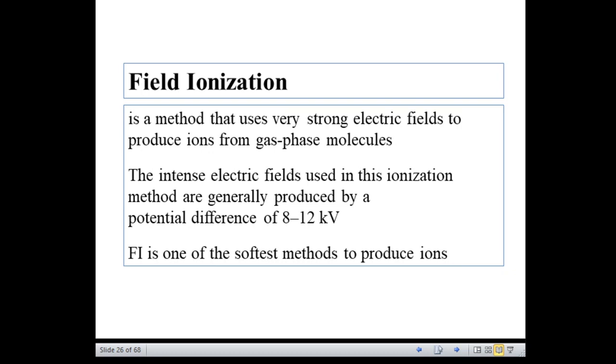This ionization source generates ions with an extremely low internal energy, thus exhibiting no fragmentation. So, there will be no fragments produced under field ionization. In comparison to electron ionization and chemical ionization, since the internal energy of the ions is much lower in field ionization, it is one of the softest methods to produce ions from organic molecules.